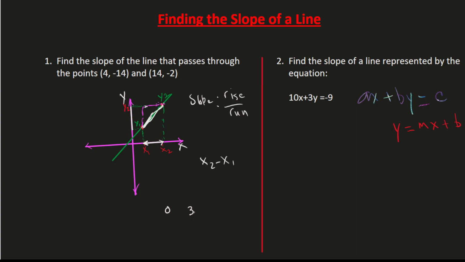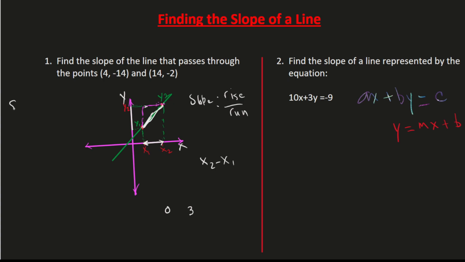So it's going to be 3 minus 0. So x2 minus x1: finish minus start. For the y as well, this is going to be finish, which is y2, minus start, which is y1. So now, this is the formula for the slope.